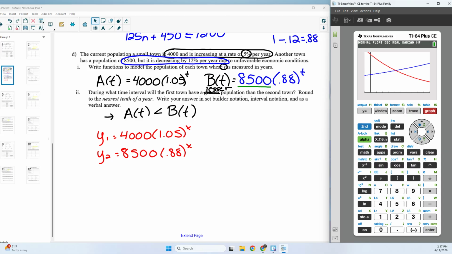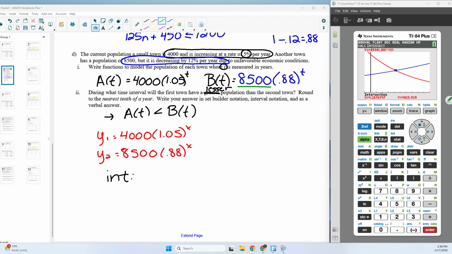So what I'm finding to answer this question, so I wrote that I graphed them, is an intersection point. And really, I'm looking for when A of t is less than B of t. So A of t is this one, so I'm looking for this time interval, cut off at 0. So I do a second trace intersect, press enter 3 times, and my rounding says to the nearest tenth of a year.